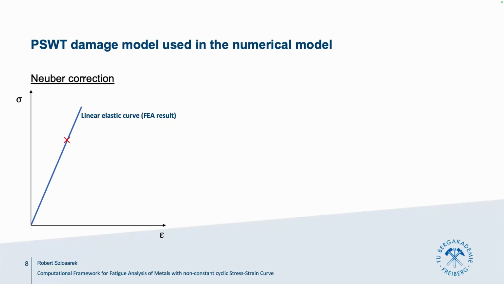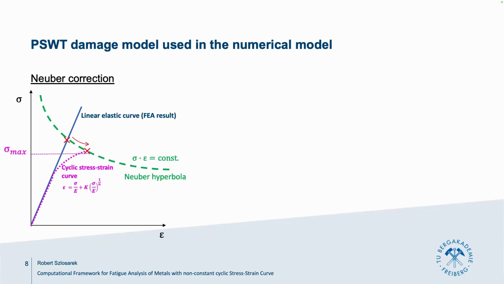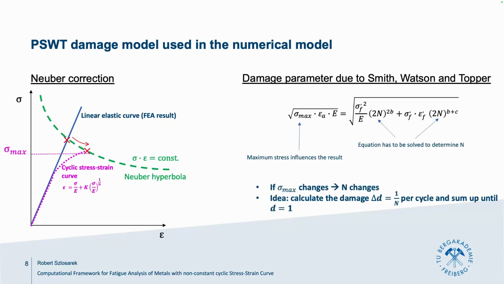Then you do the Neuber correction, which means you walk along the Neuber hyperbola until you meet your cyclic stress-strain curve, here described by this Ramberg-Osgood equation with the parameters K and N. So here you get your maximum stress, and with this maximum stress you go into your damage model. Here I use the one of Smith, Watson, and Topper.